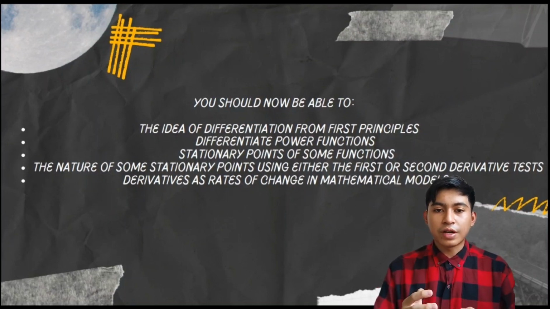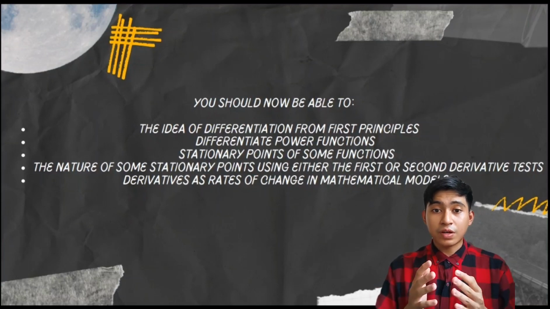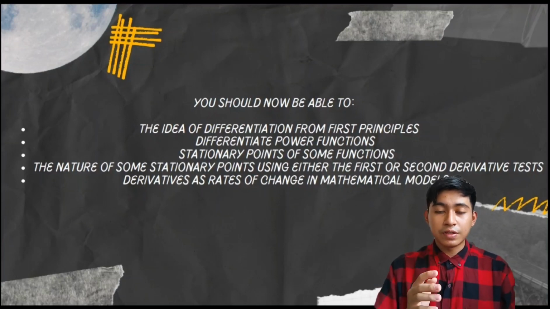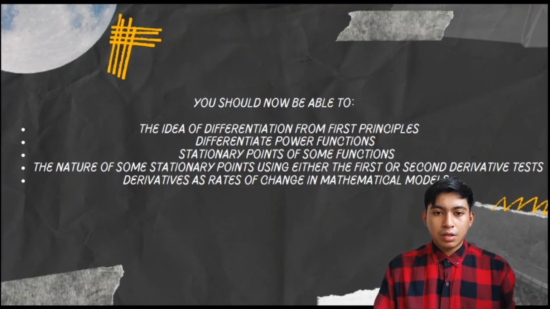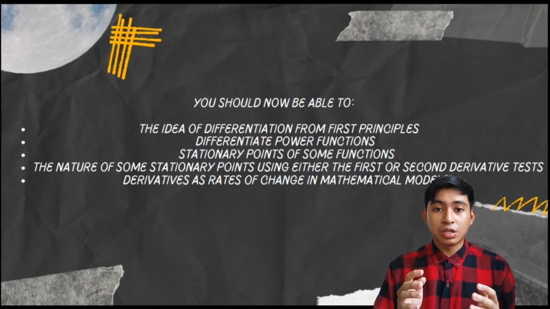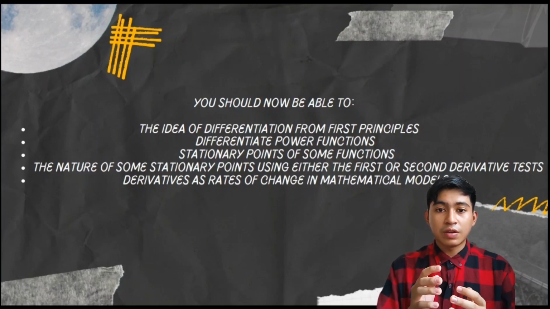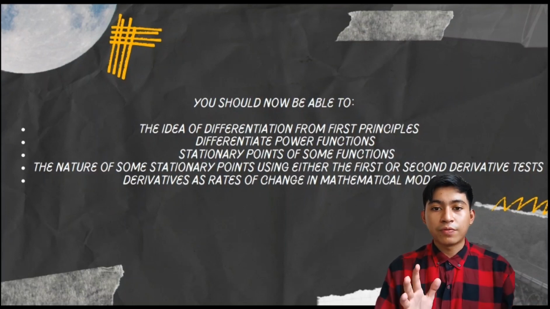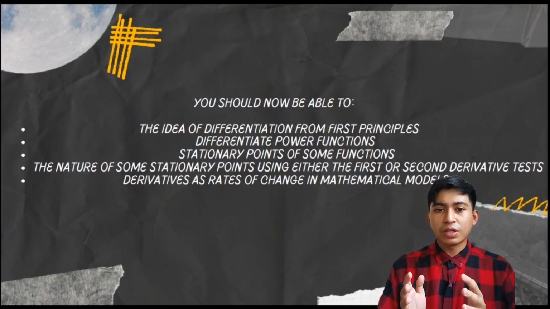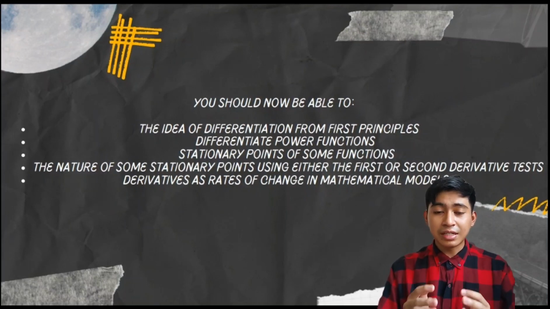Number three, find stationary points of some functions using differentiation. Number four, determine the nature of some stationary points using either the first or second derivative test. Number five, understand and work with derivatives as rates of change in mathematical models.